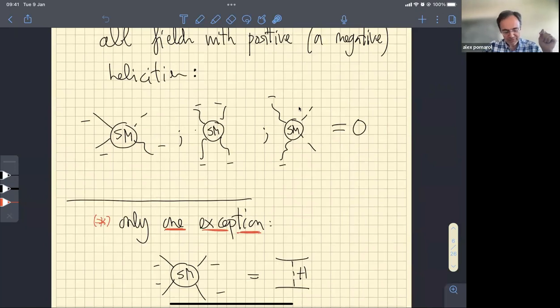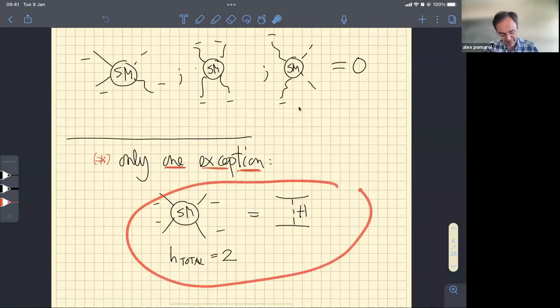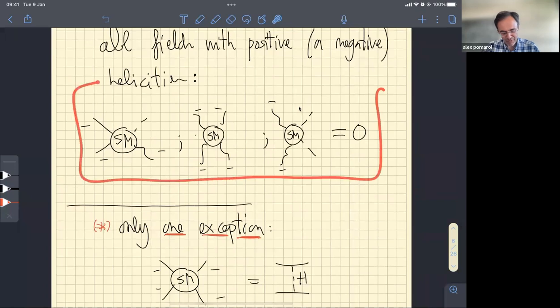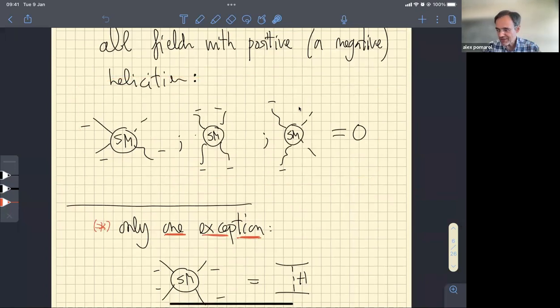So the general rule that you see, with this exception in mind, is that except for this case, all amplitudes with all states minus minus minus, or all states plus plus plus, the same of course, are 0. That's an amazing thing.